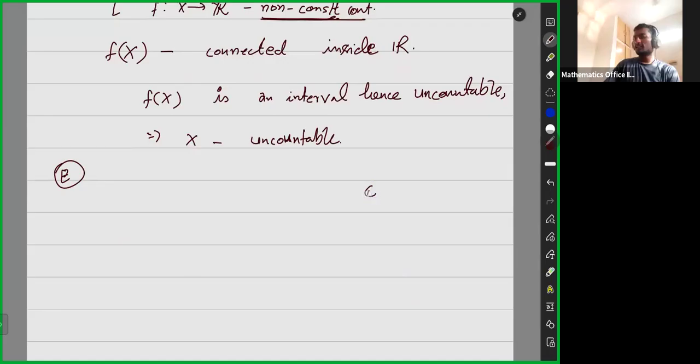So C is identified with the plane R2. And if you miss some finitely many points, whatever is left is path connected. And that is path connected, and C minus F, F is a finite set.